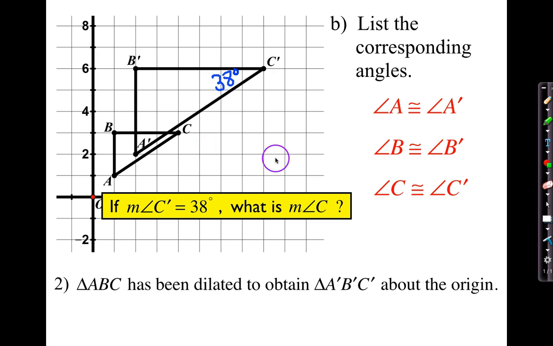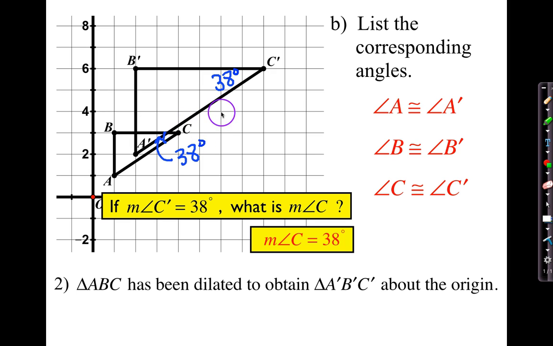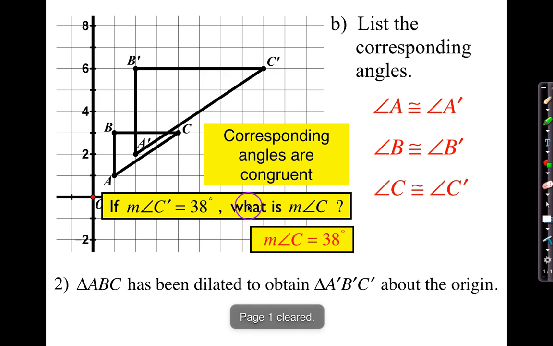Well, since they're congruent, I would say that angle C is also 38 degrees. So to answer the question, the measure of angle C is 38 degrees as well, because we know that corresponding angles are congruent. And again, this goes for all of the 4 transformations we've learned thus far.